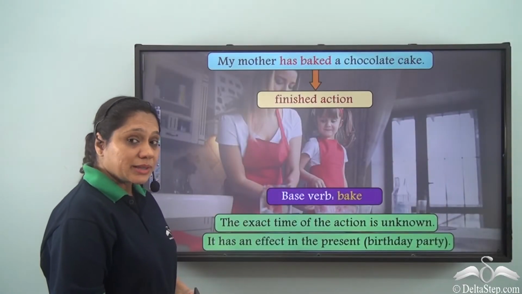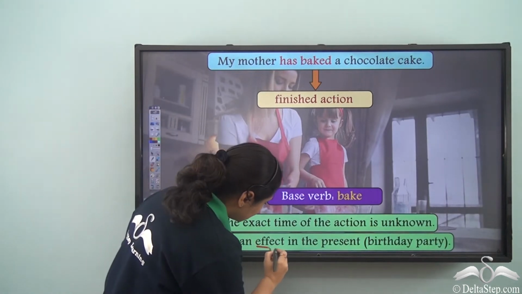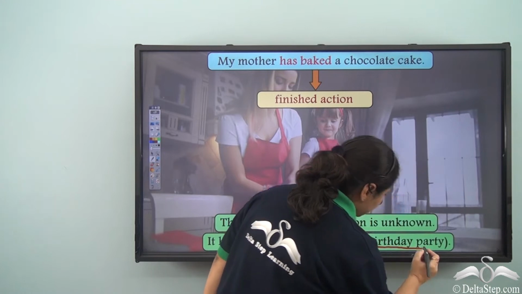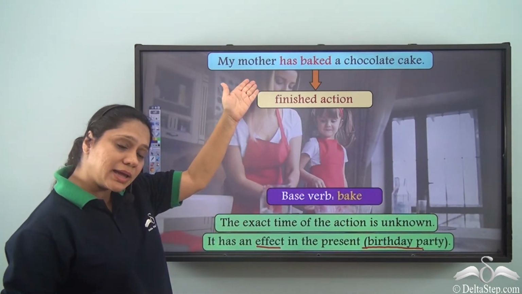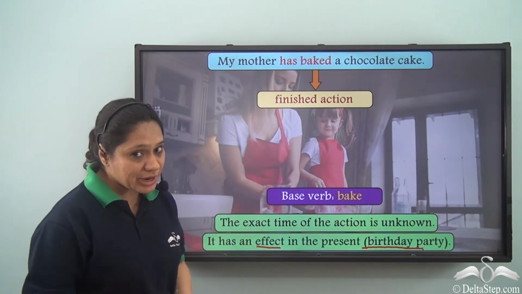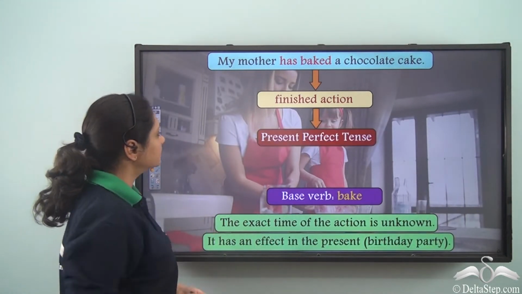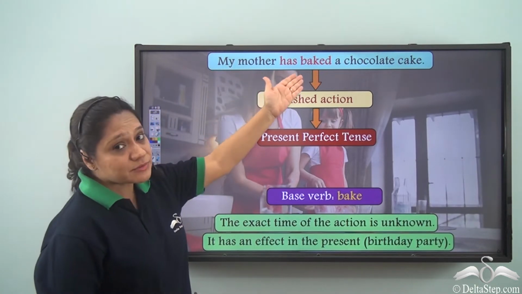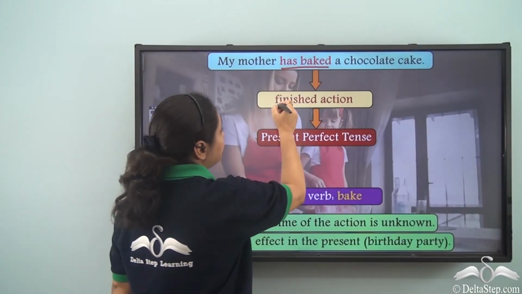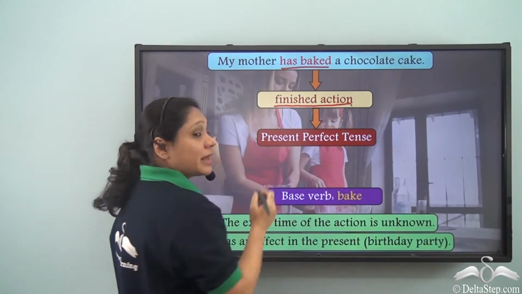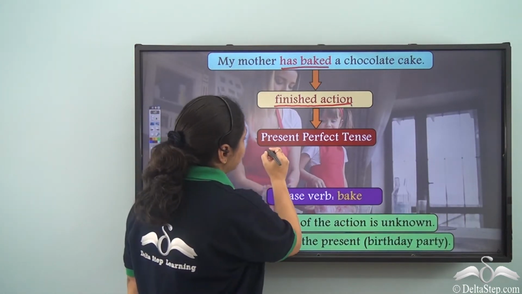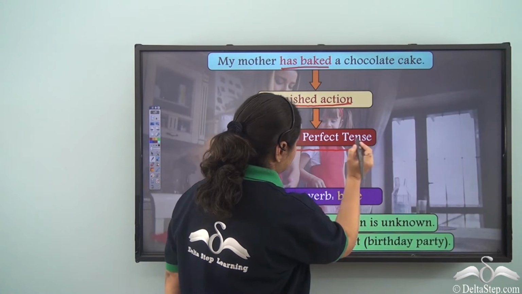But we know that it has an effect in the present. She has baked a chocolate cake for the birthday party, so it has an effect on the present. So this verb has baked, which shows a finished action that has an effect in the present, is known as the present perfect tense.